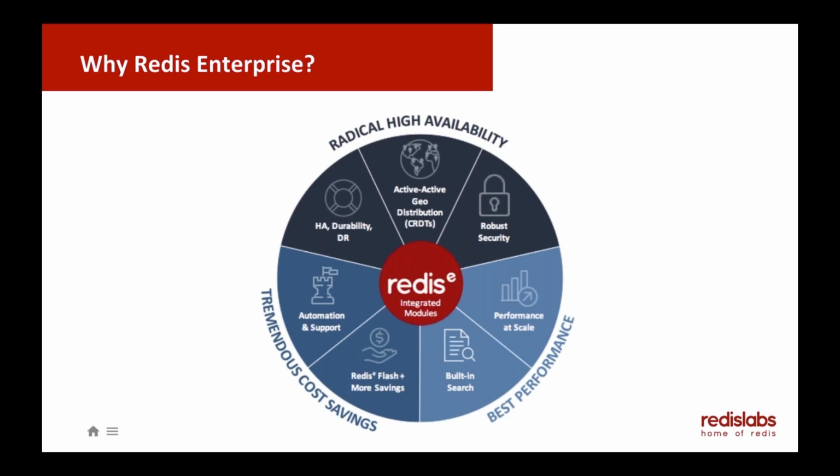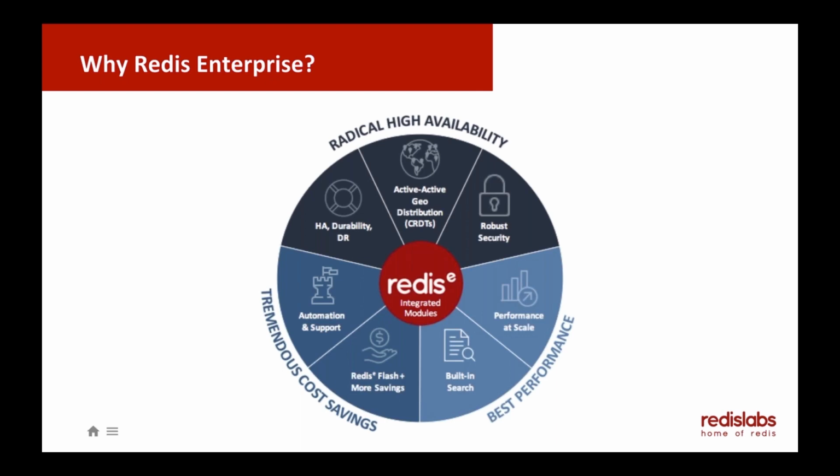And this deployment provides great availability, durability, and disaster recovery capabilities, as well as flexible deployment topologies like active-active geo-distributed deployments, where you could have multiple applications in different geographies, both reading and writing locally to their Redis databases. Using techniques like CRDTs, we allow convergence of that data across different geographies. It also comes with robust security capabilities, including integrated account administration, encryption, authorization, and authentication capabilities.